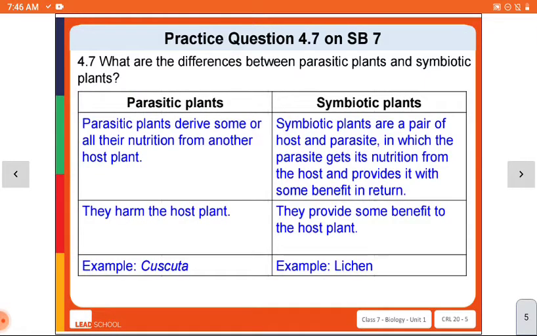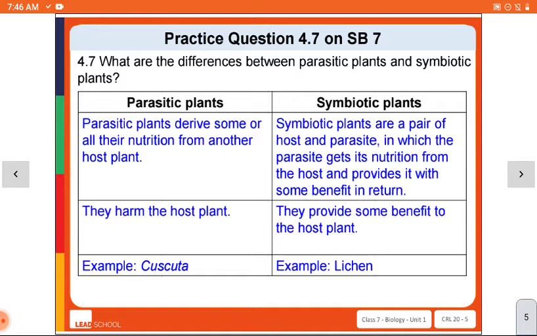So in question number 4.7, the difference between parasitic plants and symbiotic plants. So it is a very important question. Parasitic plants derive all their nutrition from another host plant. They harm the host plant.